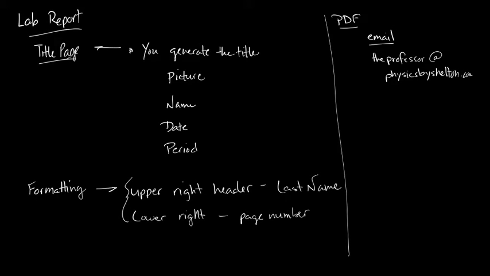The district email will work okay, but I can read this wherever I happen to be. I can't always log into the district server to be able to get my email. So that's my preference. If you're going to send it somewhere else, or if you can't email it, Edsby is the alternative. But do not send it to my other email, please. So if you can't send it to the professor at Physics by Shelton, put it on Edsby.